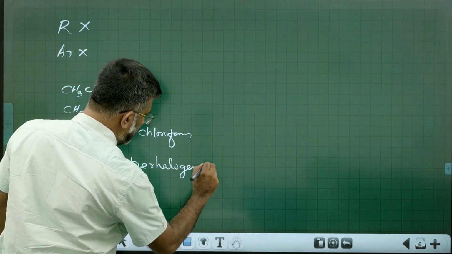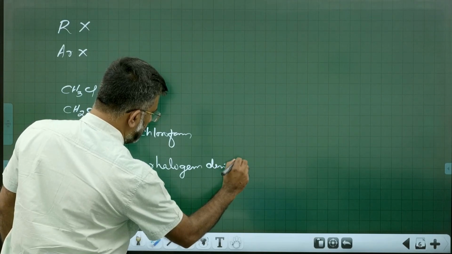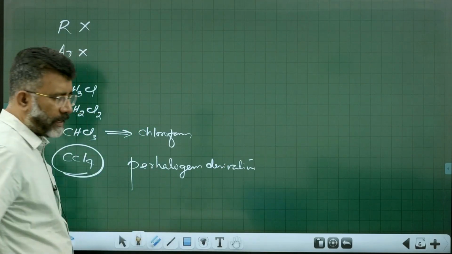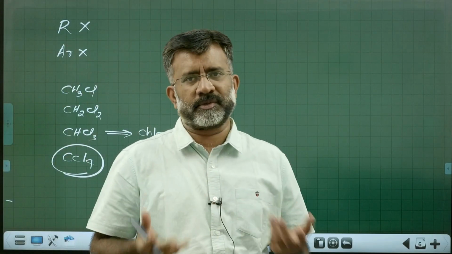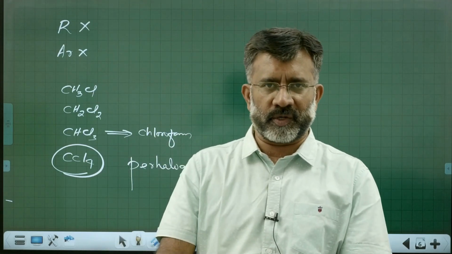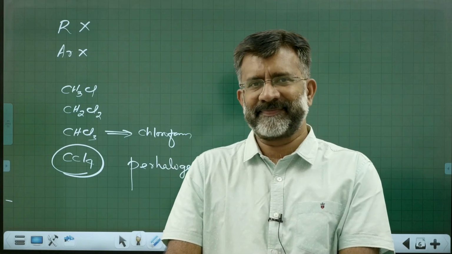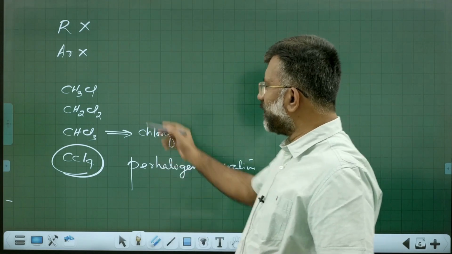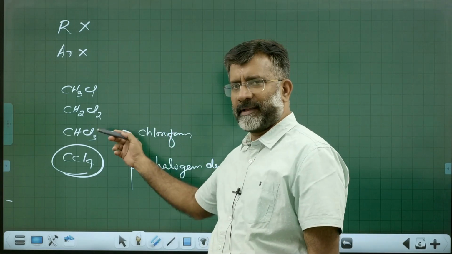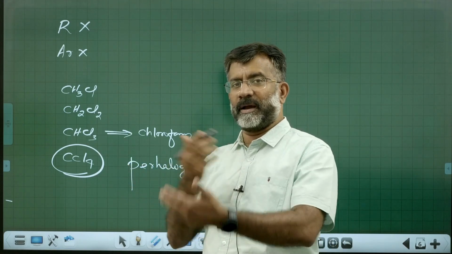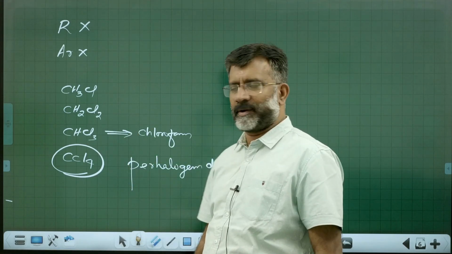perhalogen derivatives. Some of the perhalogen derivatives can be used as a potential substitute for blood during surgery. So that is about monochloro, dichloro, trichloro, polychloro, polyhalogen derivatives.